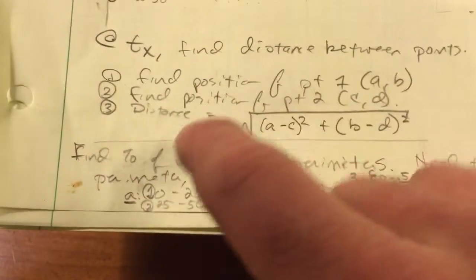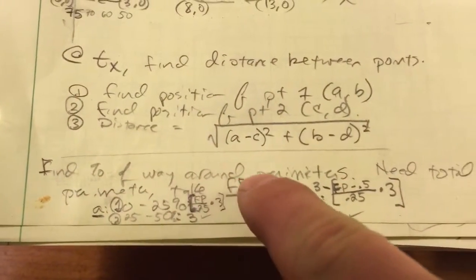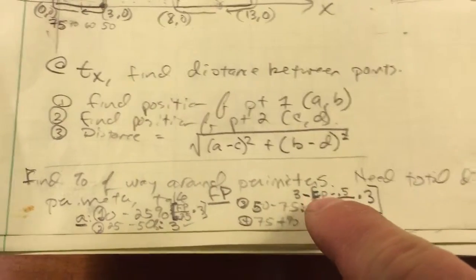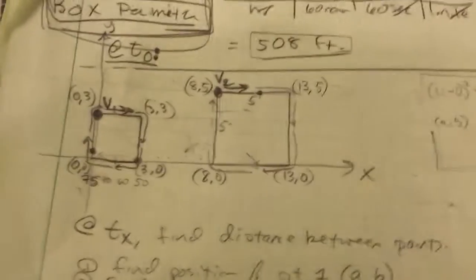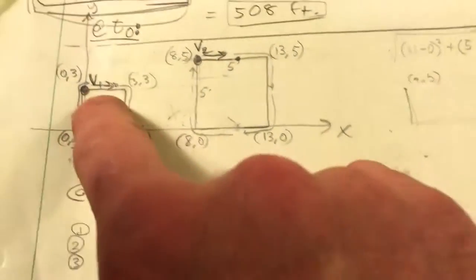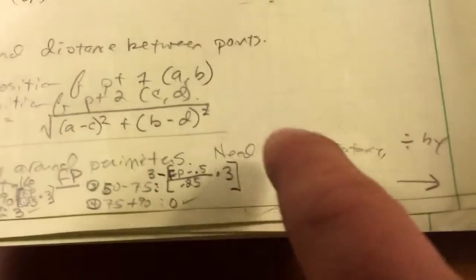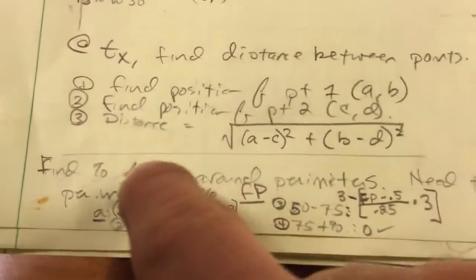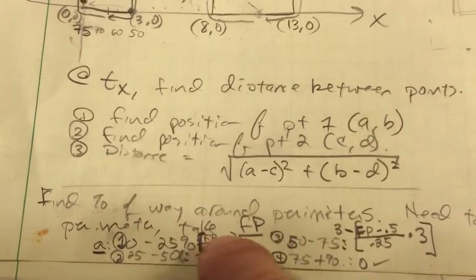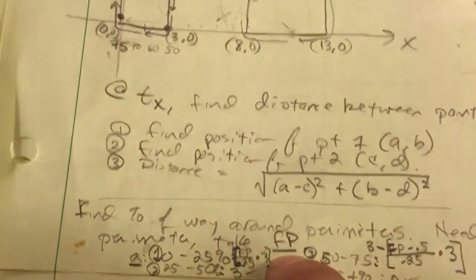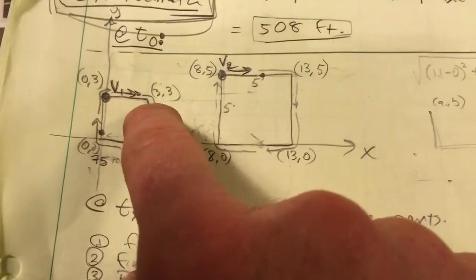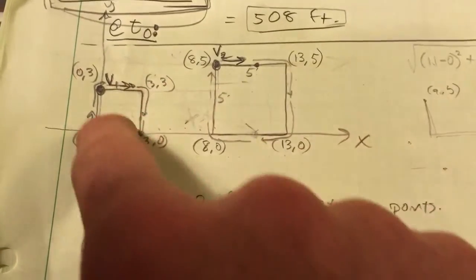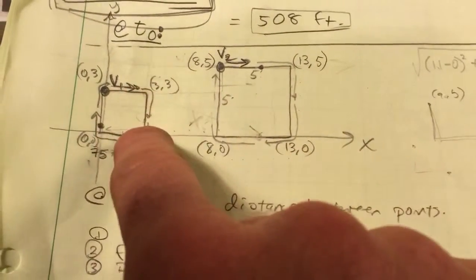Now here's what you're going to do. You're going to find the percent of the way around the perimeter they are at that given point. You take the total perimeter of each of these boxes, which you can easily figure out: this one's 12, this one's 20. Then at the time you stop the clock, given the velocity, where are they as a percent of the perimeter?